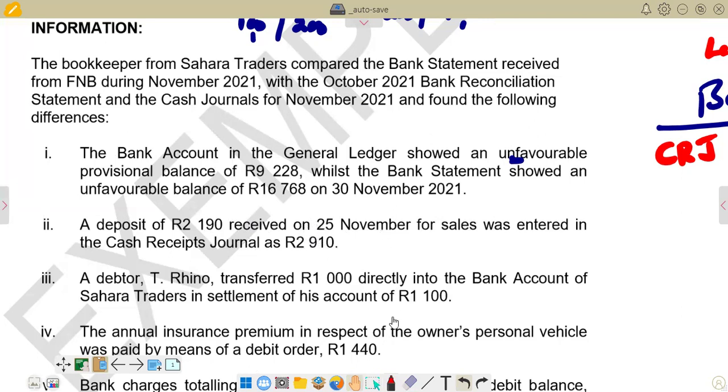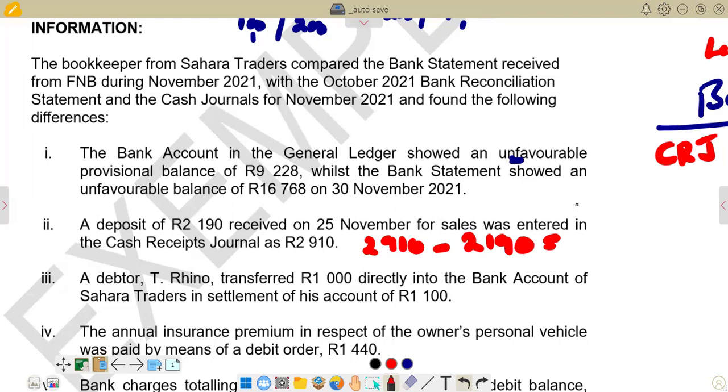So it was overstated. We can just calculate to see by how much. We need to say 2,910, and then we subtract 2,190. Let's see what we get. Obviously, now we are going to get 720.